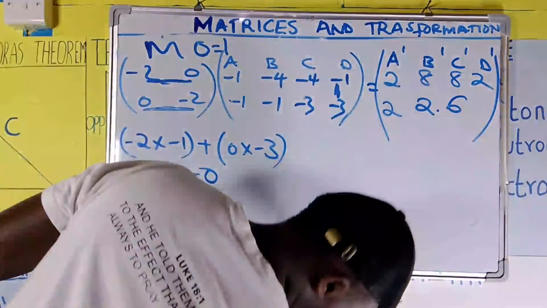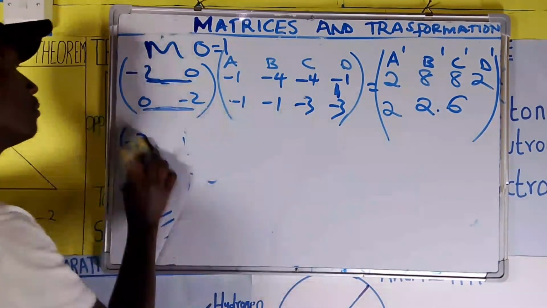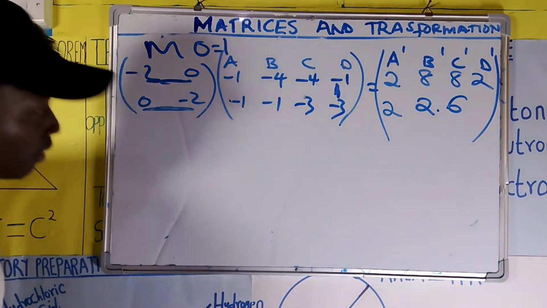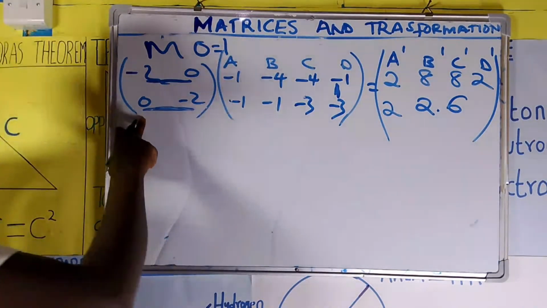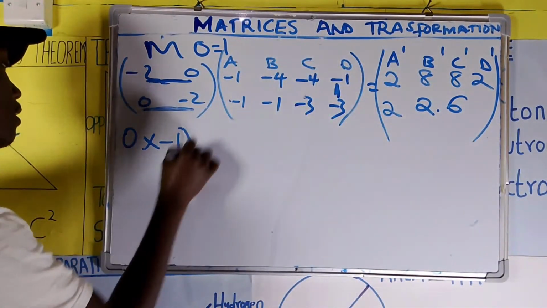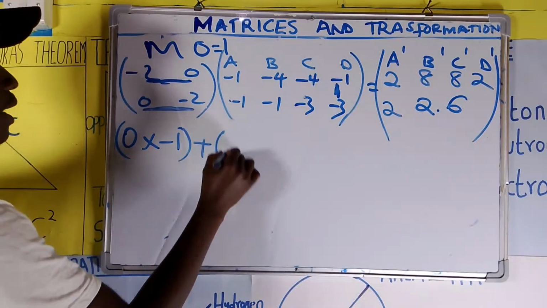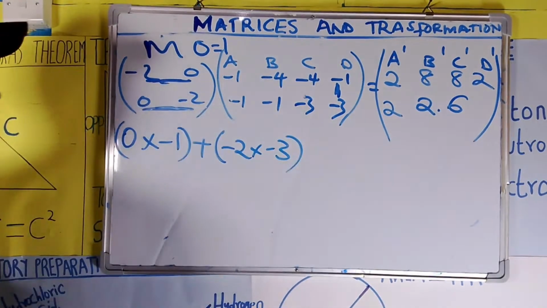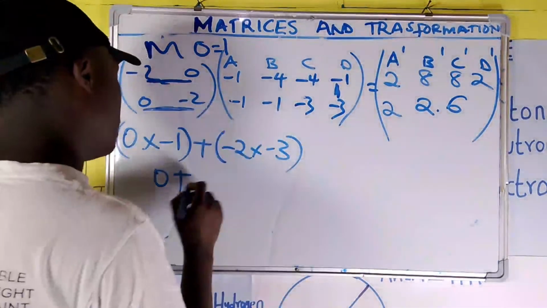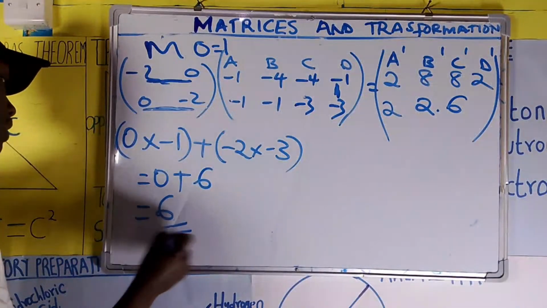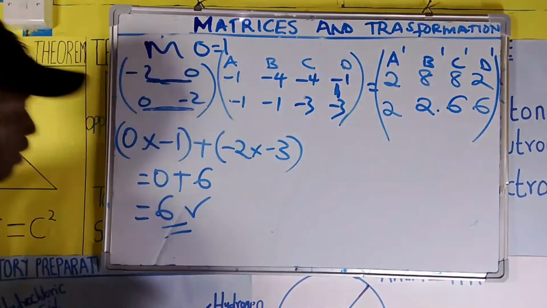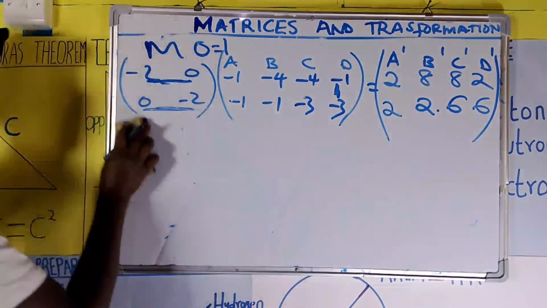Alafu tuende ya mwisho ya chini. 0 times -1 plus -2 times -3. So 0 times -1 is 0 plus -2 times -3 is 6. So 0 plus 6 is 6. So hiyo itakuwa 6. We are done.